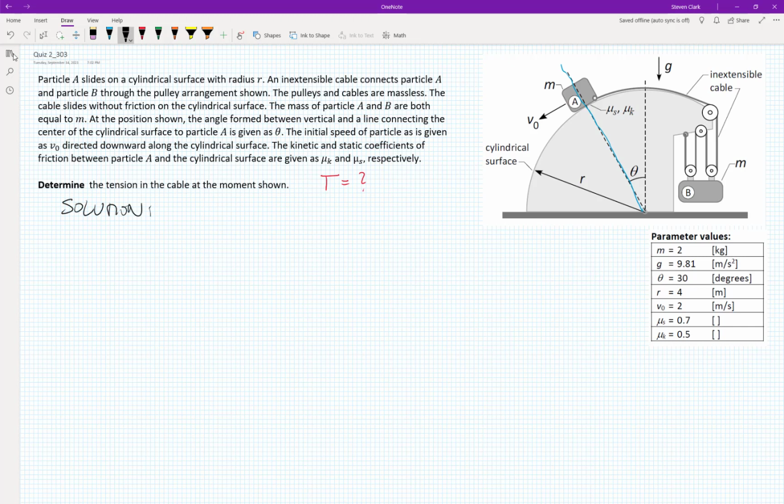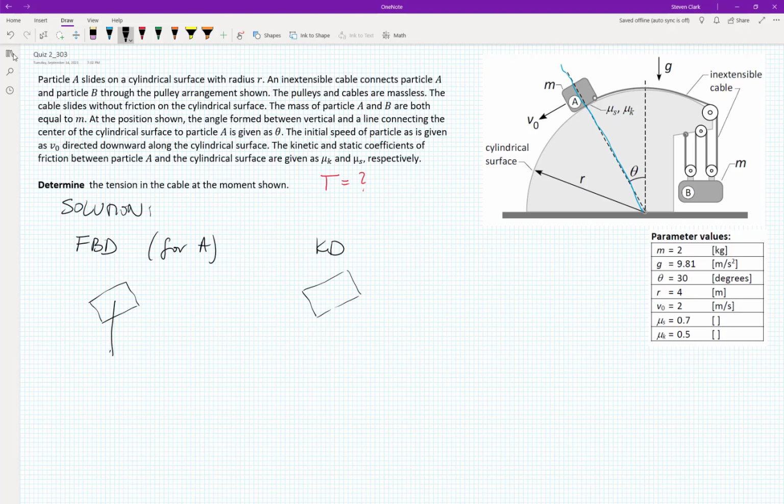Solution. I'm just going to follow my recipe, which I told you like 7 times this semester already. I'm going to start with the FBD for body A, and KD. So we have our rectangle in here. What forces act on our body?